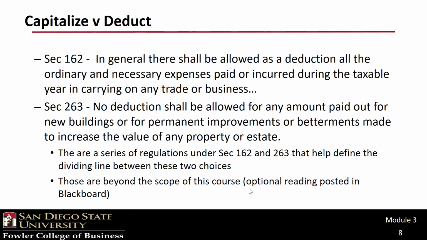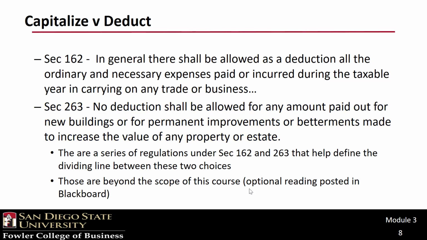The tax rules on capitalize versus deduct are a bit vague. First, Section 162, which you don't need to learn code section numbers, allows the deduction of all ordinary and necessary business expenses. We've already covered that in the last module. Section 162 also seems to give us permission to deduct everything. However, Code Section 263 comes along and puts a stop to that.